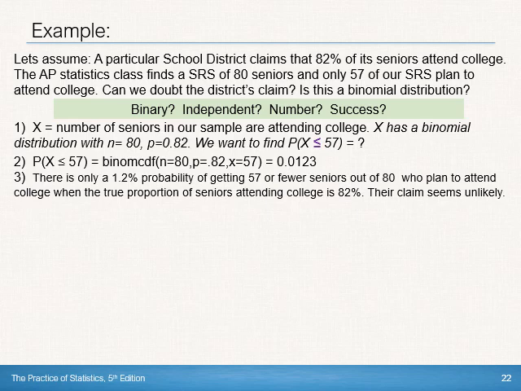If 82% of the seniors are going to college, what's the probability that we would ask 80 seniors and 57 or fewer would say they're going to college? That is really low. That probability of about 1% tells us the true proportion is probably not 82%, but probably closer to the proportion that we got. So it's probably lower.